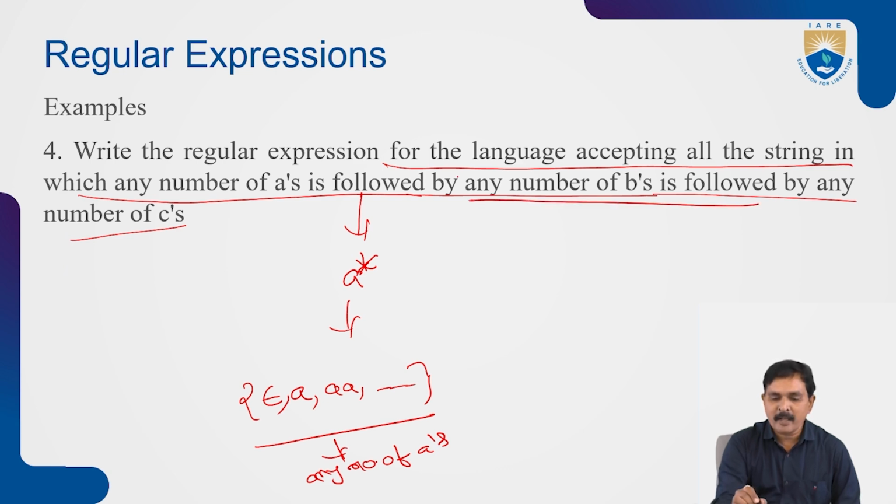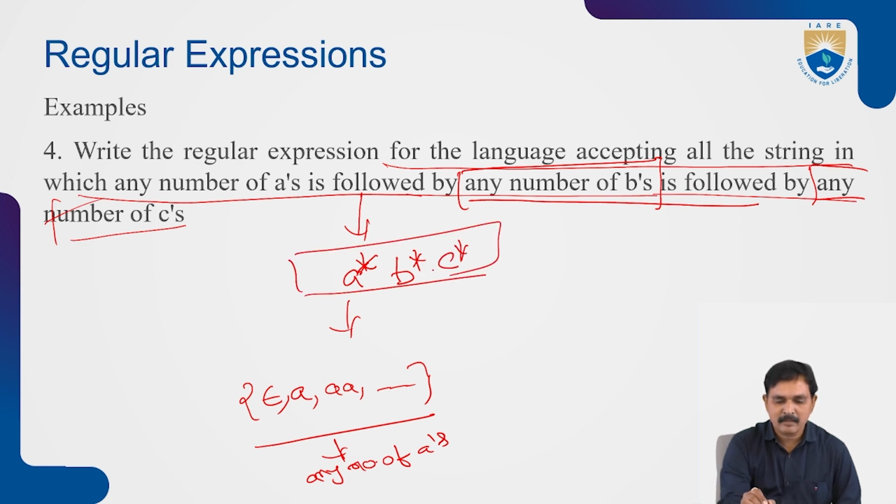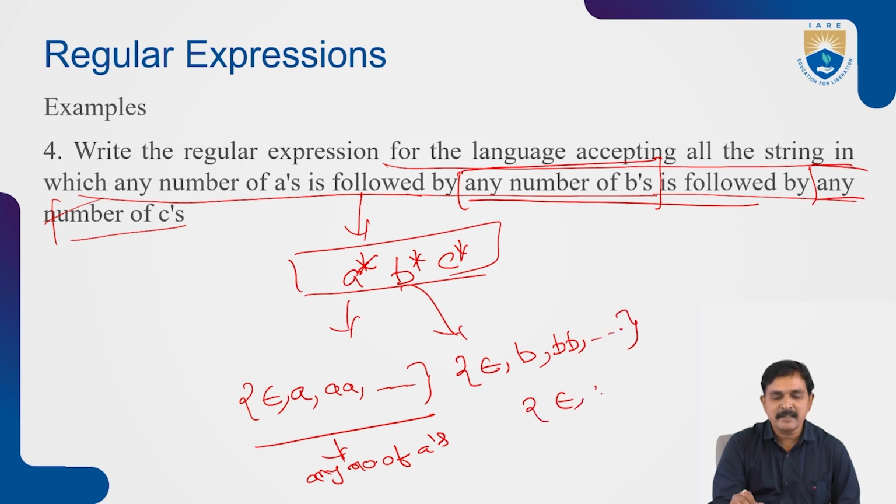Followed by, again you are trying to find any number of b's. The same assumption, b star, followed by any number of c's. Finally, the answer is a star, b star, c star. What the b star is? Suppose b is not generated, or single b, two b's also, and c is null, c, two c's, like this.